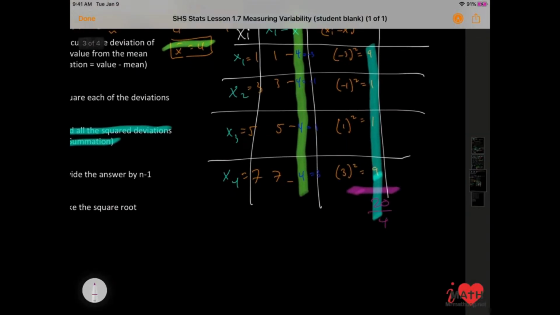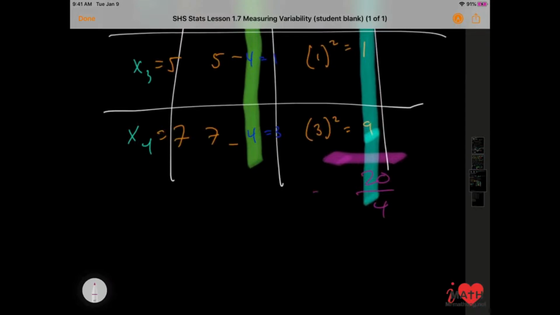So let's write out the formula, see what we've done so far. You've taken the values in the list, and we found the mean, and you subtract it by the mean. And then we took all those values and we squared them, and then you divided it by n minus 1, so that should have been a 3, because it's 4. 4 minus 1 is 3.